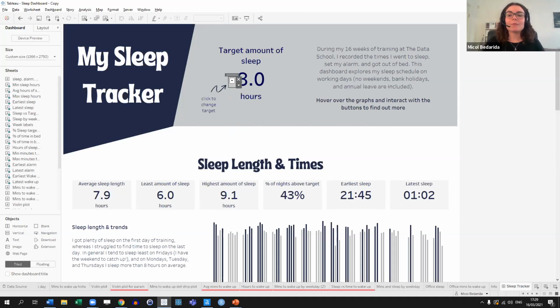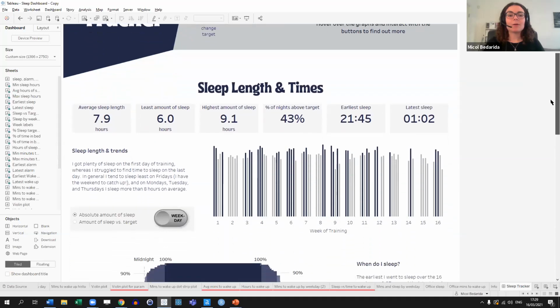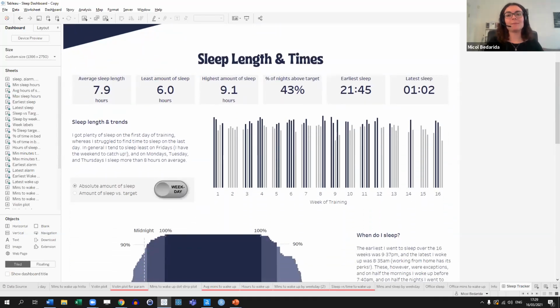And then the first section of my viz explores how long I slept each night, with some KPIs at the top, and then a bar chart, which can flick between the overall by day view and the... sorry, I need to find a way to hide a control panel. Here we go.